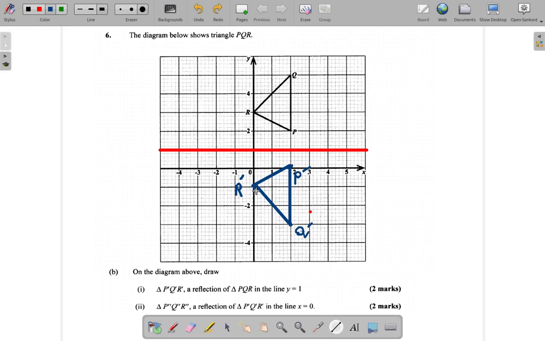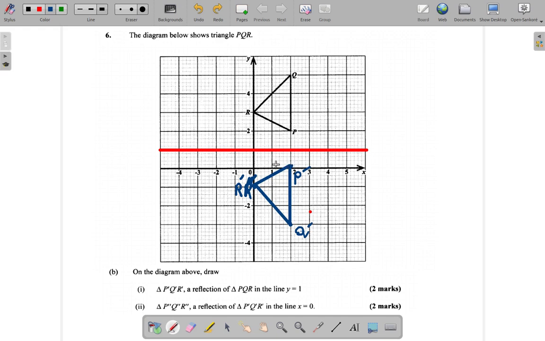Now, R prime is directly on the mirror line. So R double prime would be where R prime is. So R double prime would be right there. So you would need to draw another point for R double prime. Now, P double prime would be the reflection of P prime.